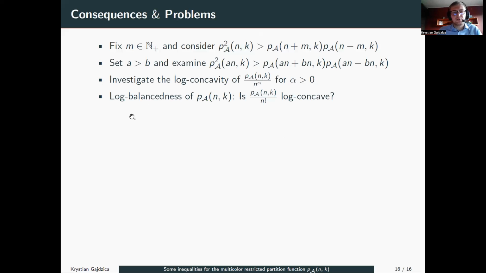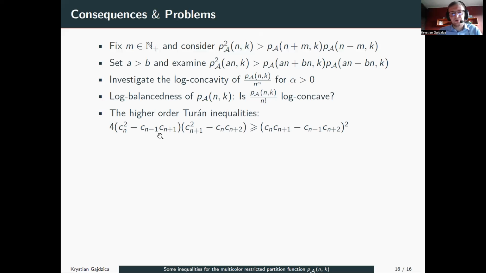Further, we can also deal with the so-called log balancedness of the multicolor restricted partition function. That is the question when the following sequence is log concave. In this case, it is enough to assume that every k-1 multi-subset of A1 up to AK is coprime. And actually, there are many more intriguing questions about, for example, higher order Turan inequalities.